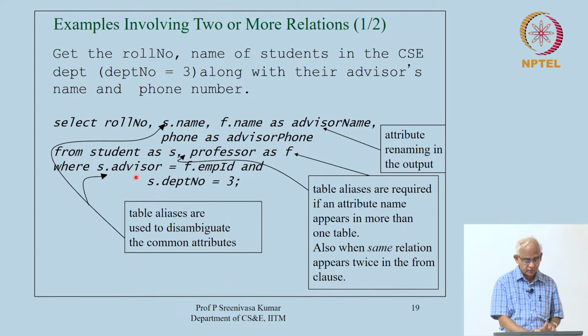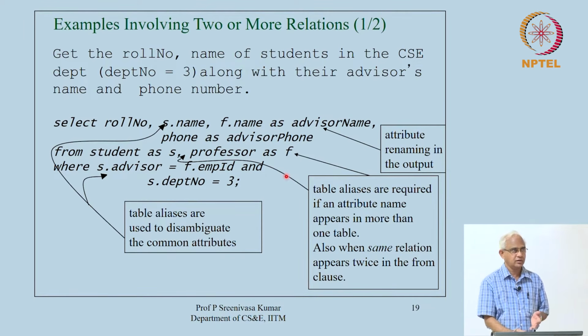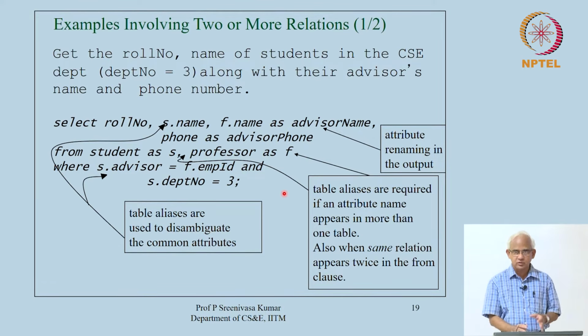Okay. So, in some sense we are not telling you to compute the join of S and F with this join condition and then do something, as we used to do in relational algebra. Instead, what we are doing here is to consider the combination of the student and professor tuples, ensure that this condition is satisfied by the combination, and then use it for generating the output.